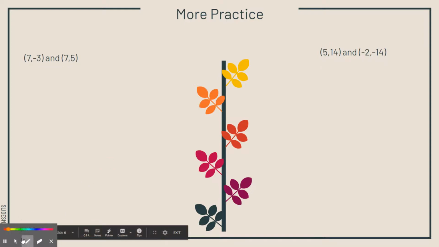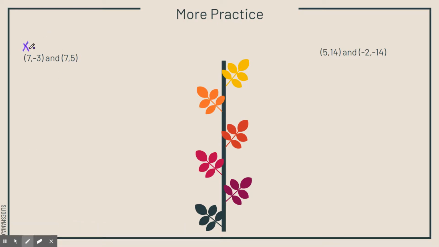All right, we're going to go on to our next one, and remember the very first thing that we do each and every time is we are going to label our points. So I'm going to do x1, y1, x2, y2.